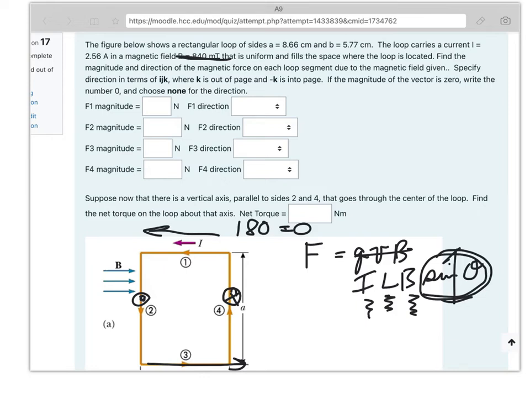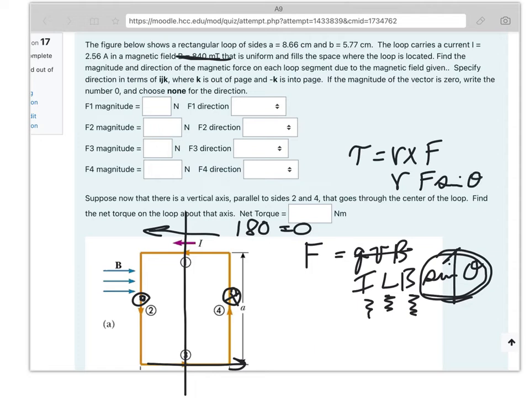And so you see, if we put a vertical axis through here, this coil is going to spin around that axis because the force is equal but in opposite directions. And so there's a net torque. Just remember, torque equals R cross F, or R F sine theta.